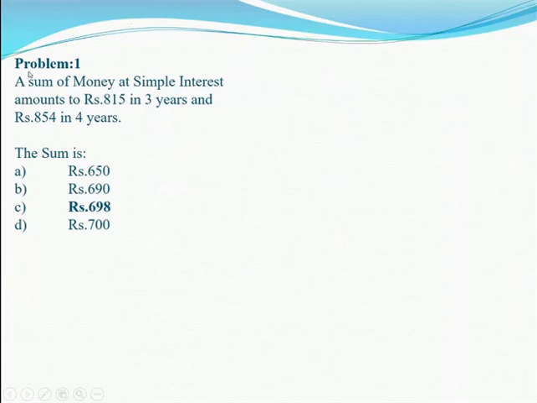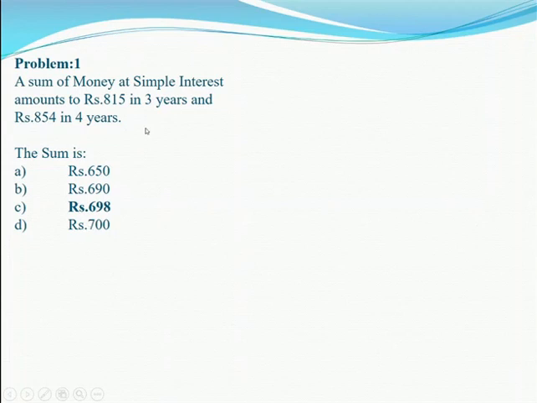Question number 1. A sum of money at simple interest amounts to rupees 815 in 3 years and rupees 854 in 4 years. So what is the sum? The sum is option A rupees 650, option B rupees 690, option C rupees 698 and option D rupees 700.